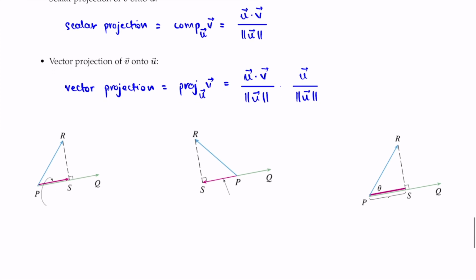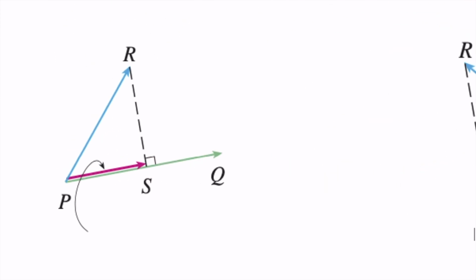So again, consider the two vectors, vector u and vector v, and they have the same initial point, which is P in this case. You want to project the vector v onto the vector u. This is the vector projection that we're going to obtain, the proj of v onto u.